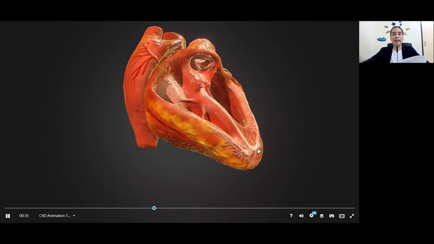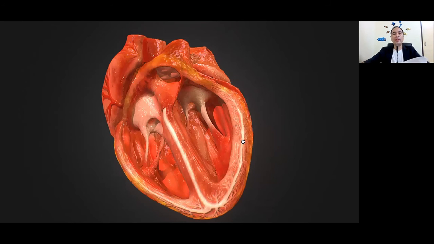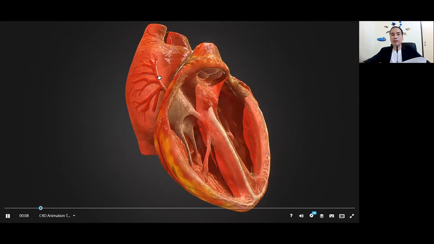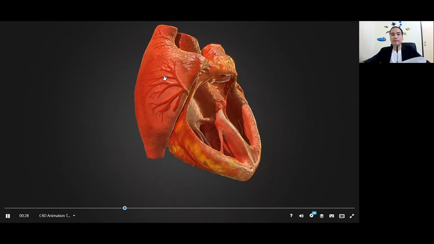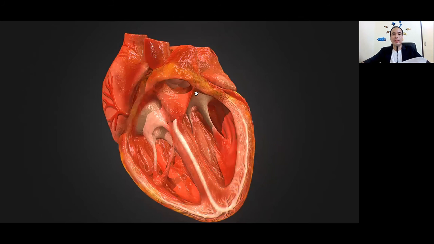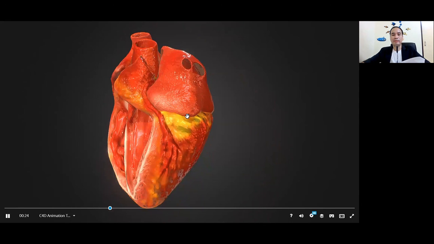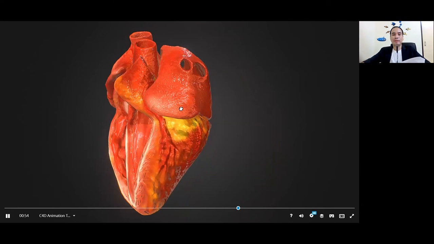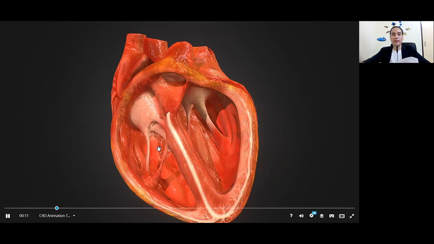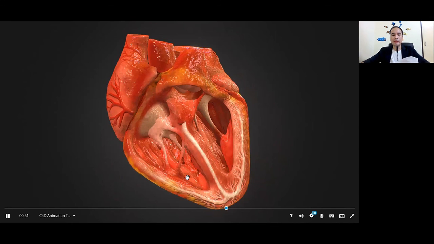Okay, number three, let's find your atria. This is your right side, so this one is your right atrium. And this side is your left atrium. Next, this area is your right ventricle.